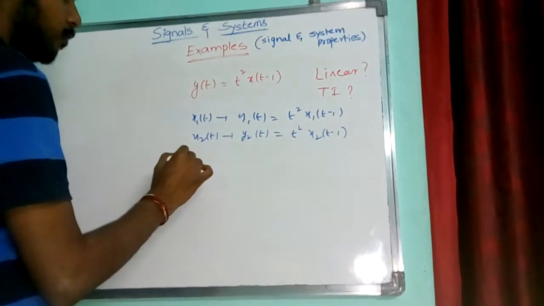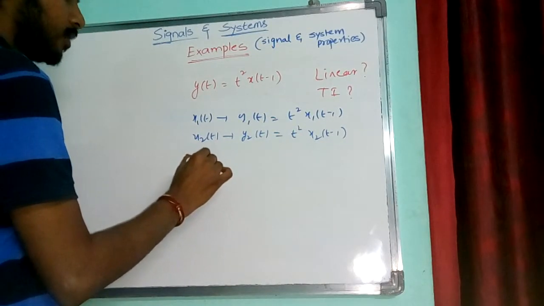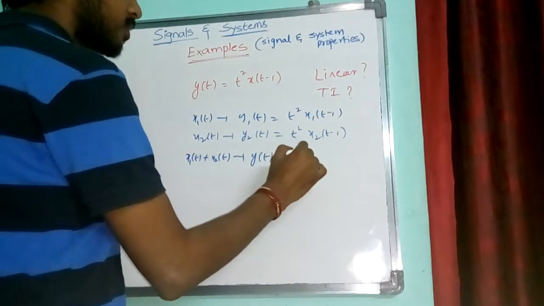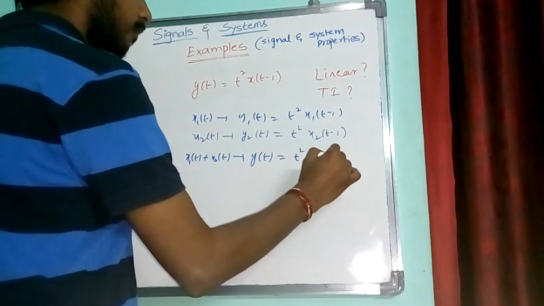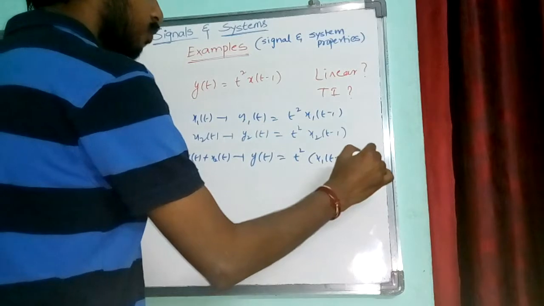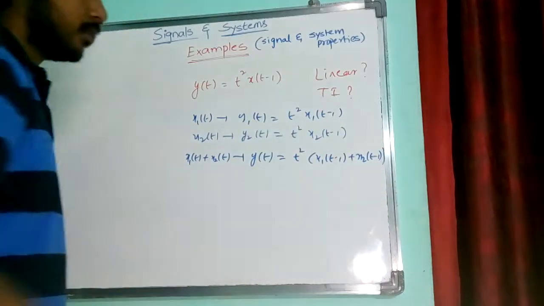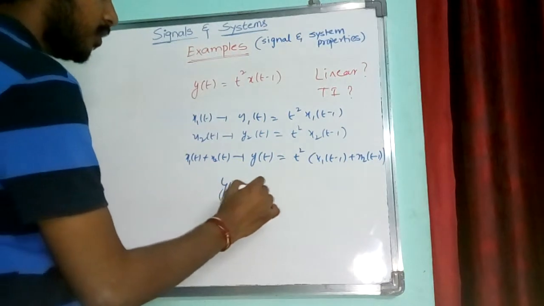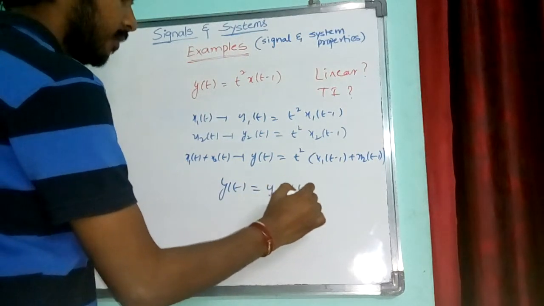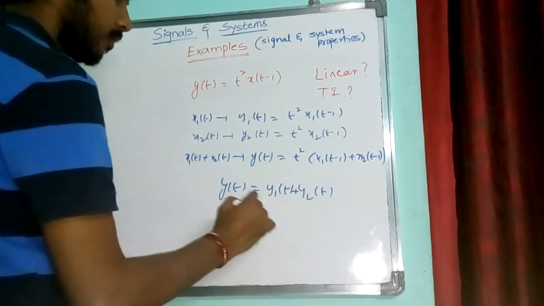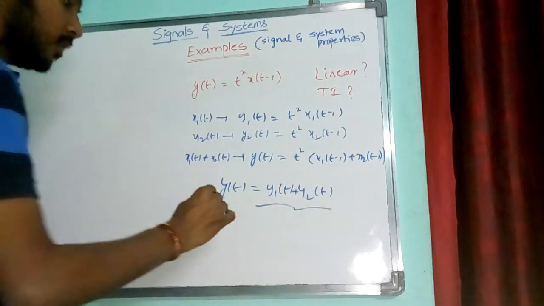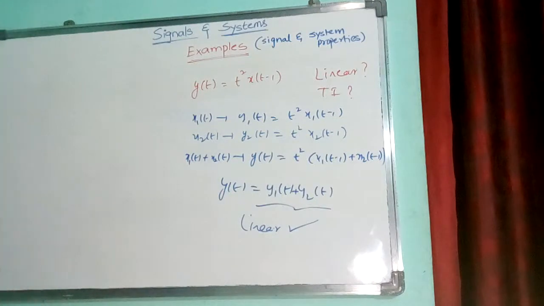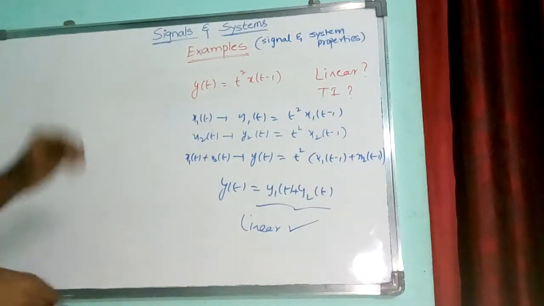Now when I consider both x1 of t plus x2 of t, then y of t is my output, which is t square into x1 of t minus 1 plus x2 of t minus 1. Now y of t is equal to y1 of t plus y2 of t. This condition is satisfied, so this system is linear. Now I need to check for time invariance.